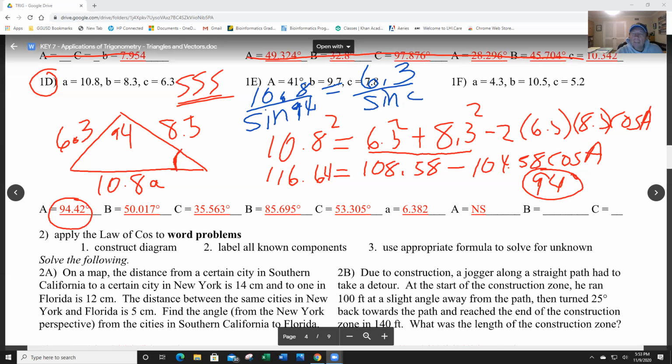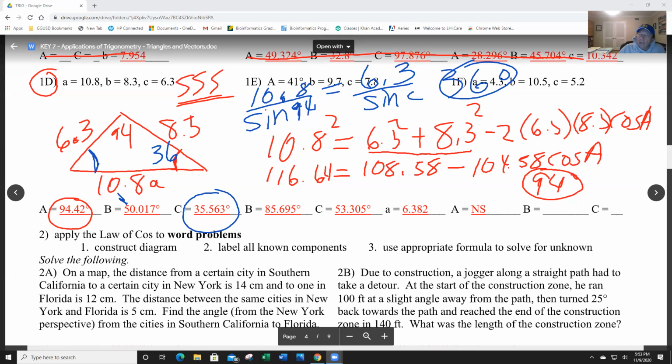And that comes out about 36 degrees. Okay, again, I kind of rounded it. Okay? And you basically solved it. And then to get the last angle right there, you're going to use the 180 rule, and that's about 50. Okay? So that's 1D.